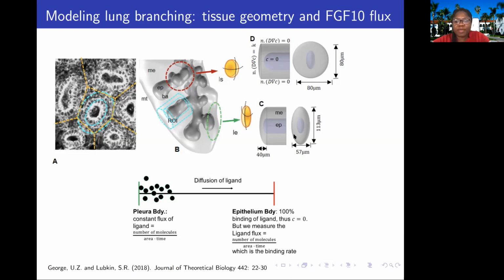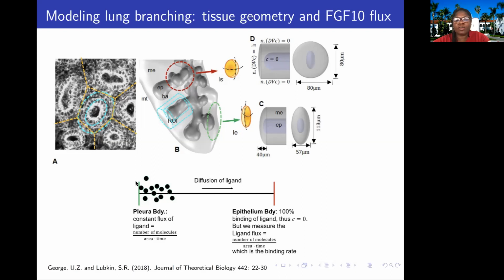And with these dimensions, we now model the diffusion of ligands. We assume that the ligand is produced close to the mesothelium, or we call it around the pleural surface, and then it's going to diffuse in the tissue till it gets to the epithelium boundary.